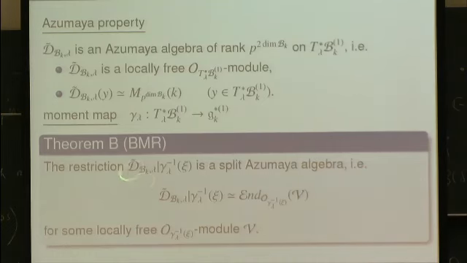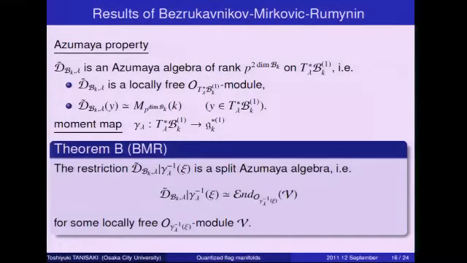So if we consider D tilde restricted to the inverse image of the fiber of the moment map, then it's not only an Azumaya algebra, but it's a split Azumaya algebra. This means that this sheaf of rings is isomorphic to an endomorphism algebra of some globally defined vector bundle V.